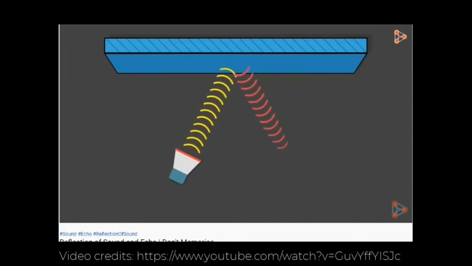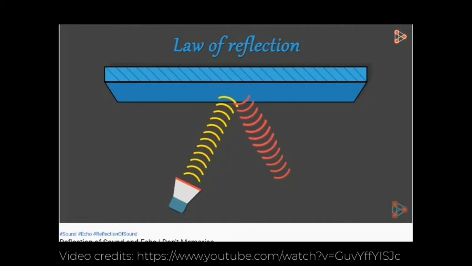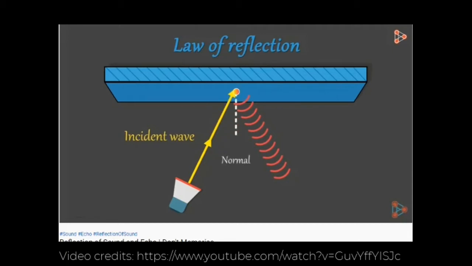So you can see here, sound waves are produced and then it bounces off a boundary. So that is reflection of sound. An example of reflection of sound is echo. So we have there the incident wave and then the normal line, which is 90 degrees to that boundary. And then you have here the reflected wave.